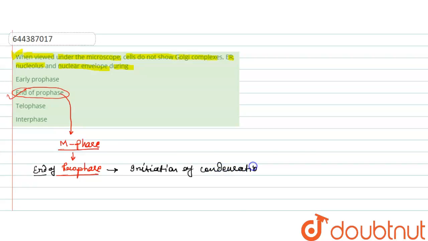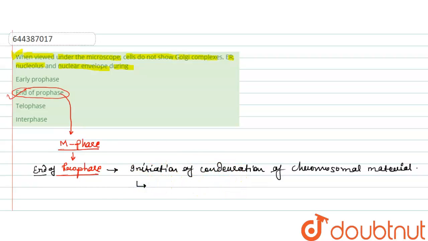So condensation of chromosomal material is initiated in the end of prophase, and the chromosome material becomes untangled, the process of chromatin condensation.